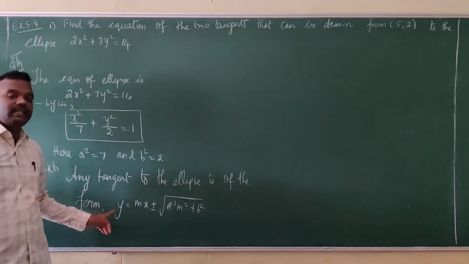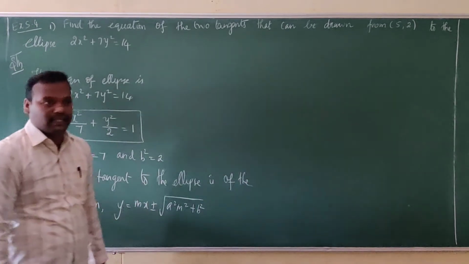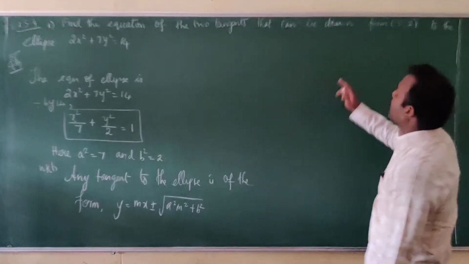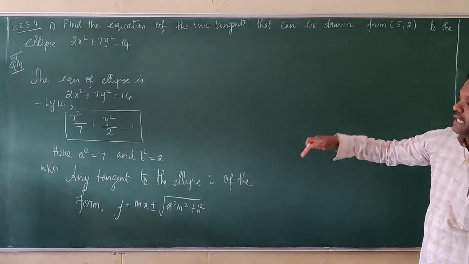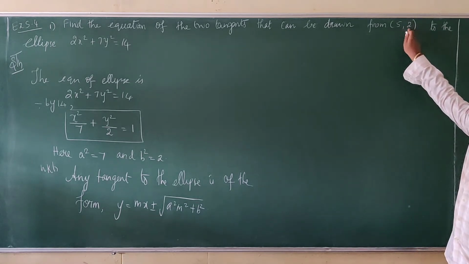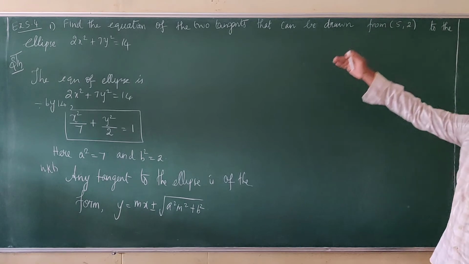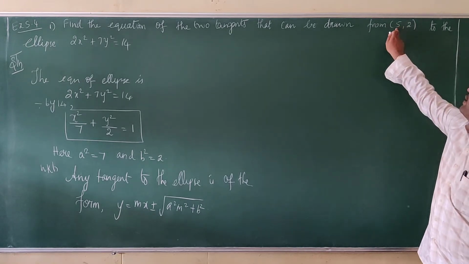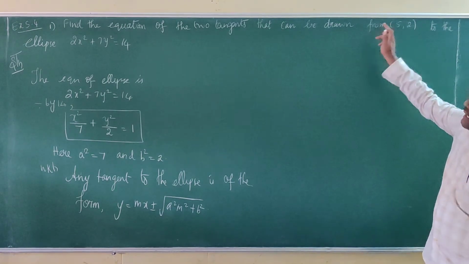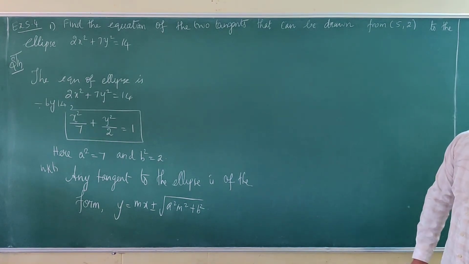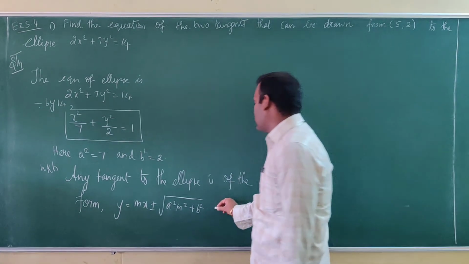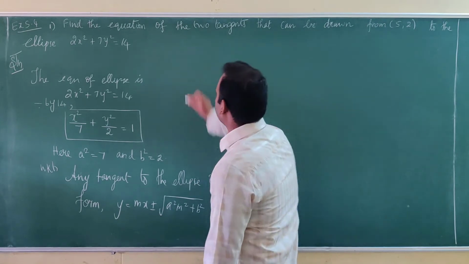Okay, so this is the equation of the tangent to the ellipse. So now you have to substitute the values available. Here you have the values a² and b², and also it passes through the point (5, 2). So instead of x you substitute 5, and instead of y you substitute 2. For a² you substitute 7, and for b² you substitute 2. Let us take this as the first equation.